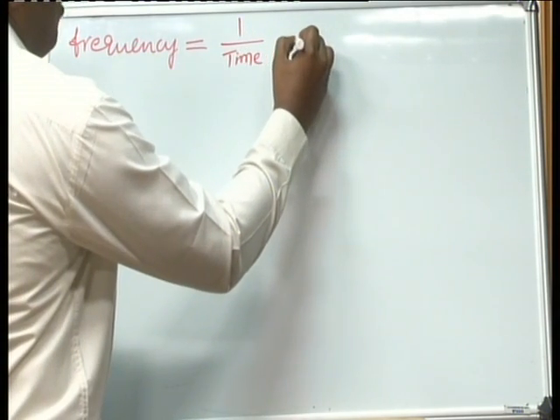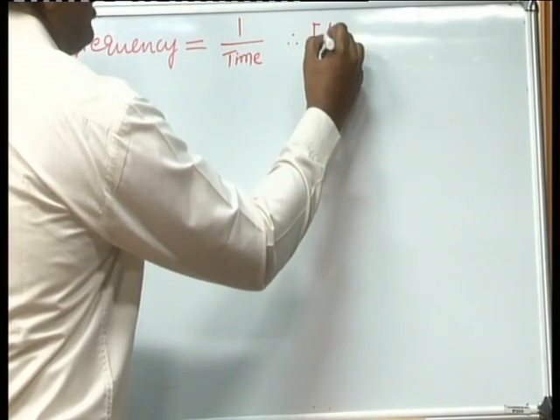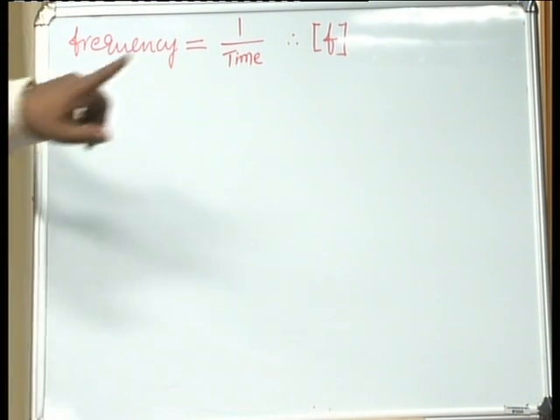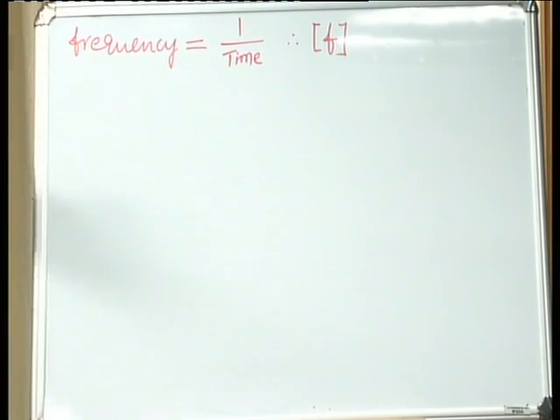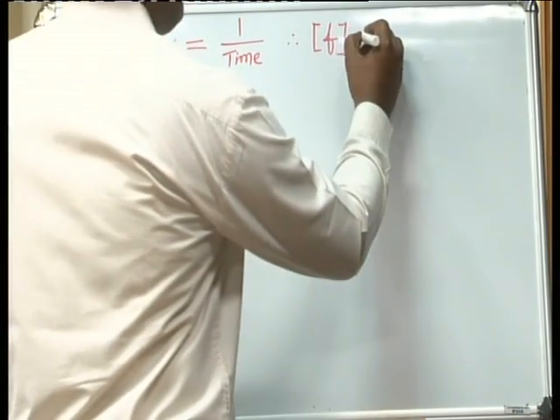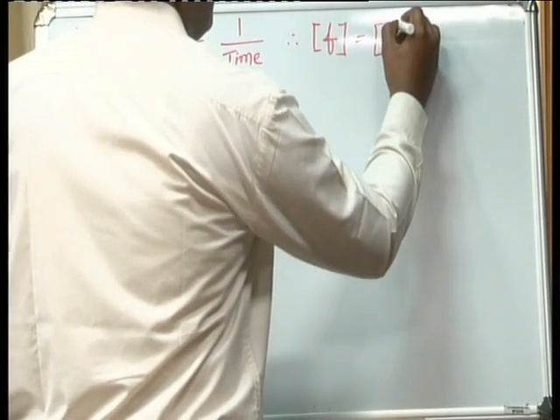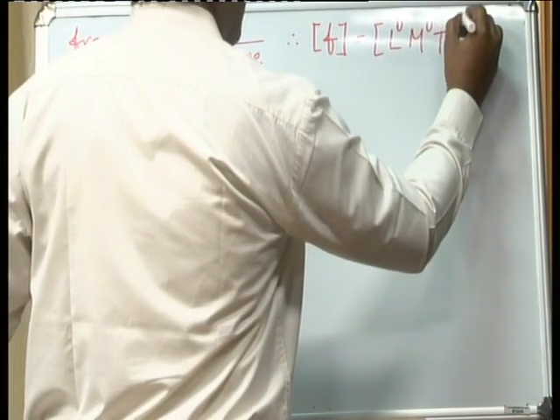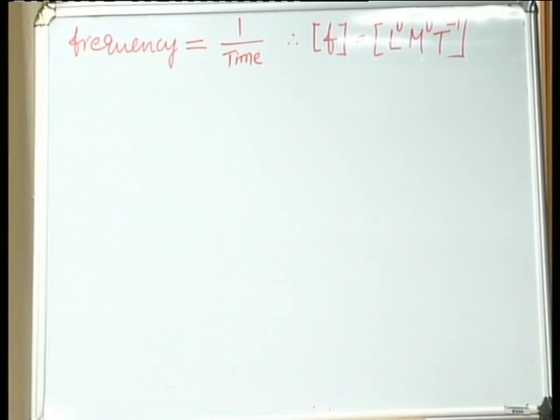Therefore, for the dimensional equation of frequency, I write symbolically: here length is not used, mass is not used. You can write L power 0, M power 0, T power -1. So, dimensional equation of frequency is 0 in mass, 0 in length and -1 in time.